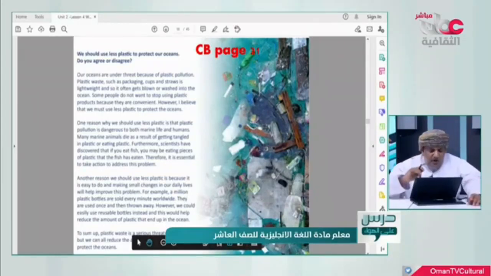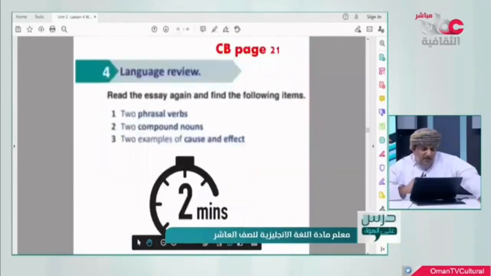Okay. So we are going to complete task 4. Now on page number 21, I want you to look at these 3 questions. Read the essay again and find the following items. Number 1, 2 phrasal verbs, as you have learned in Unit 1 with the new media.